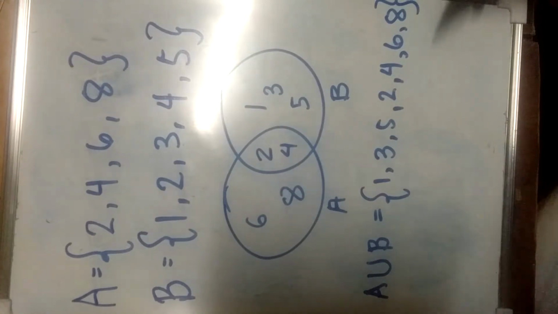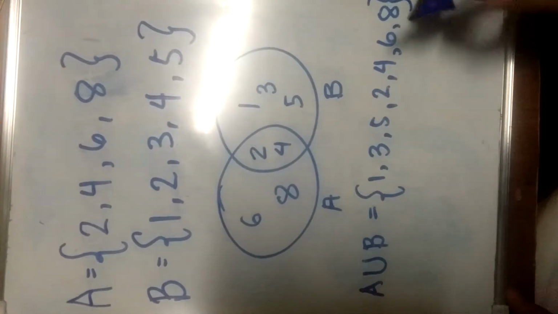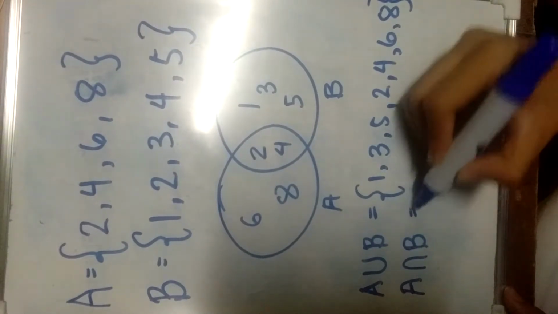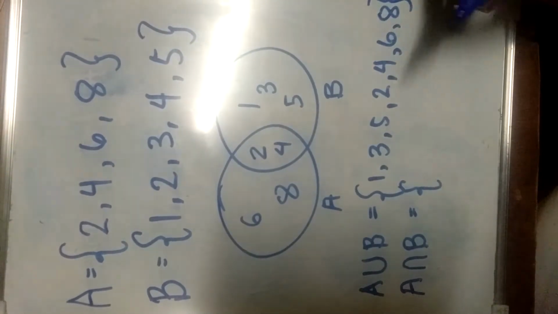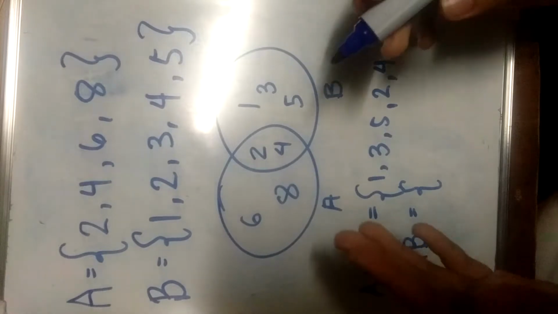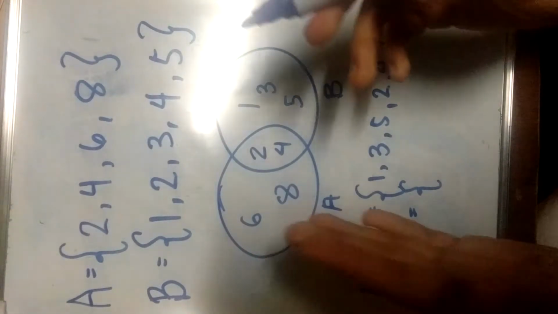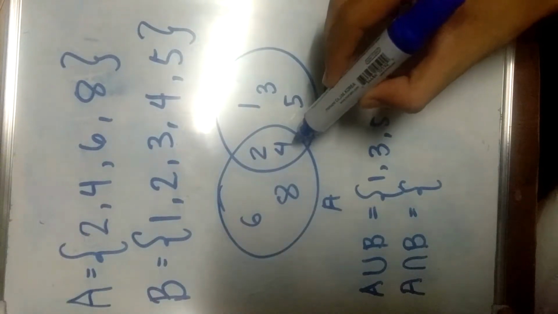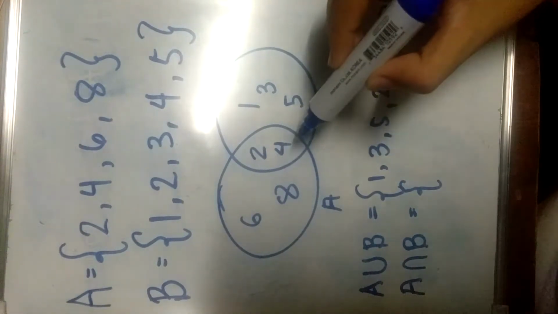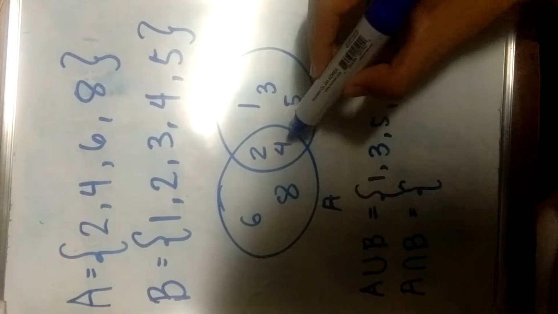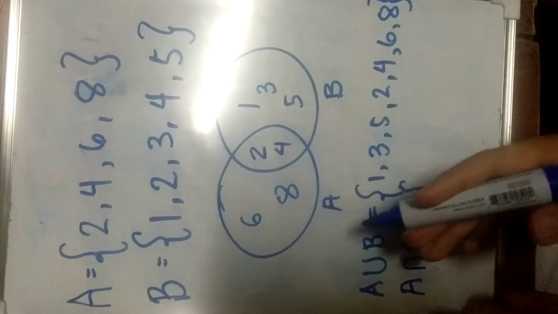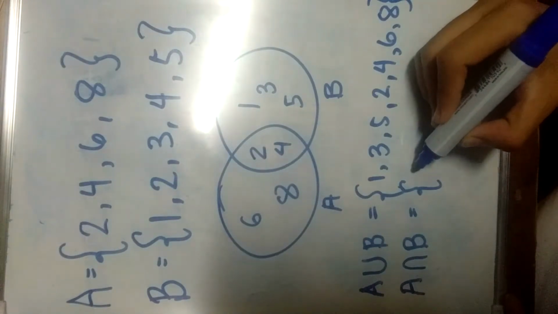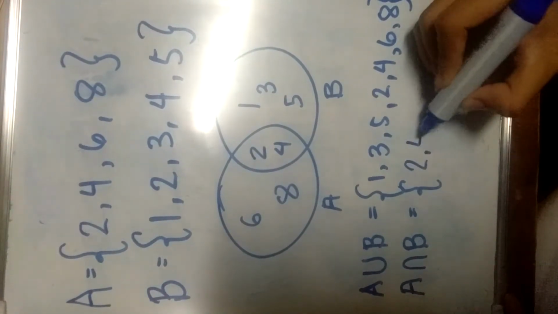Simple. Now, let's find the intersection of two sets. When you say intersection, the elements which are common to both sets. And we all know that the common elements to both sets are 2 and 4. So the intersection of sets A and B is 2, 4.